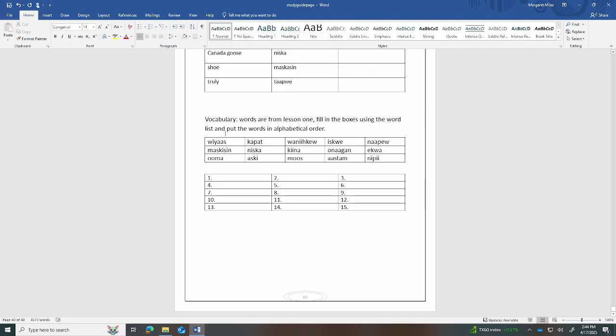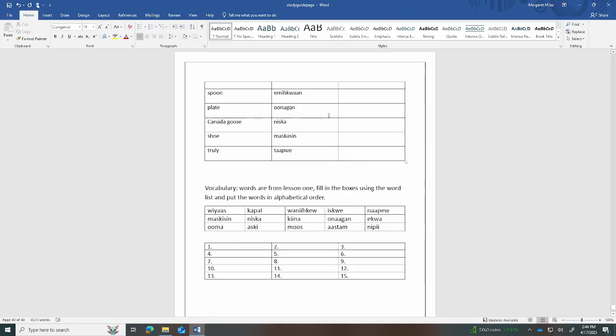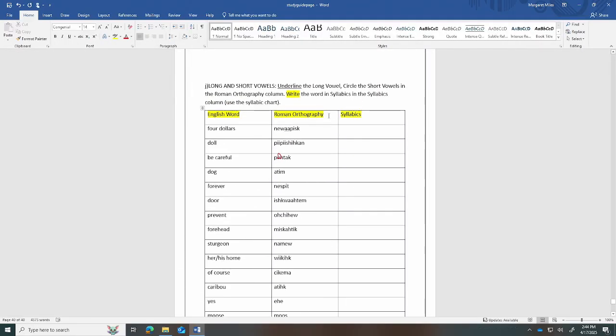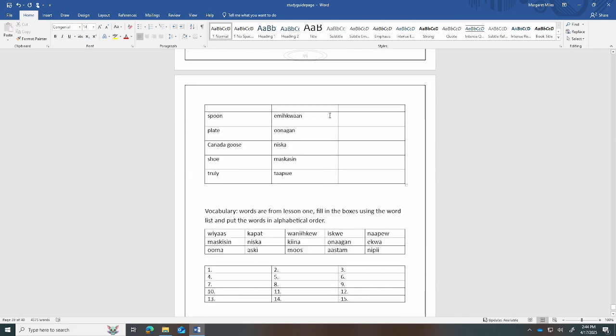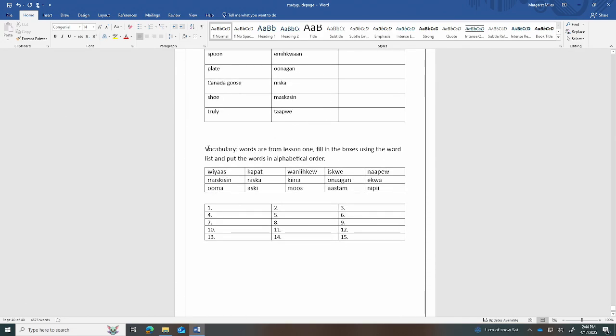Next we have K. Vocabulary words from lesson 1. Fill in the boxes using the word list and put the words in alphabetical order.